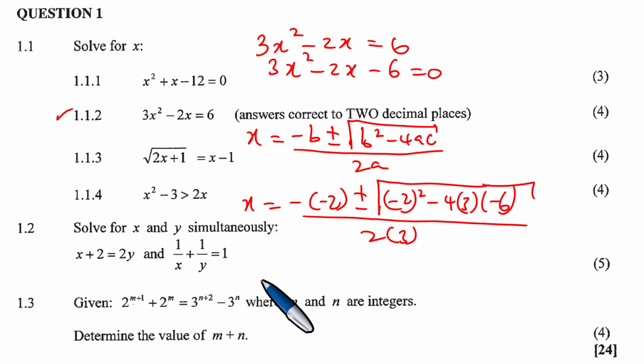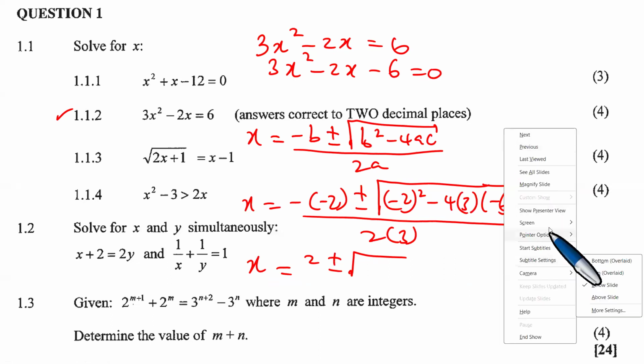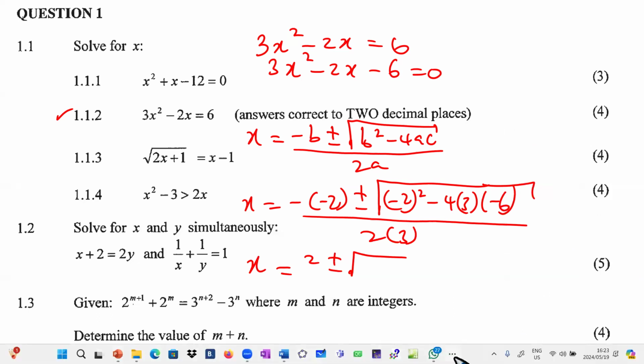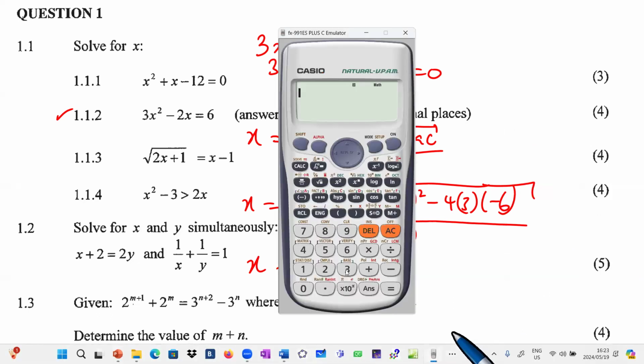At this point, we continue to simplify these, and I know that these can be simplified with utmost ease, and therefore x becomes 2 plus or minus the square root of whatever is under the square root sign. Let's launch our calculator and work out whatever is under the square root sign.